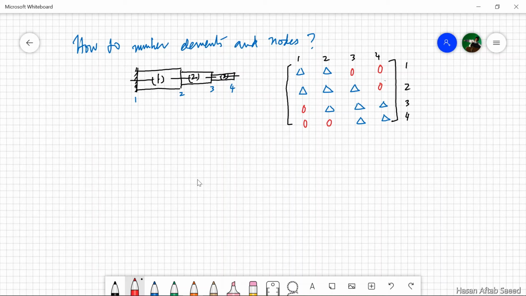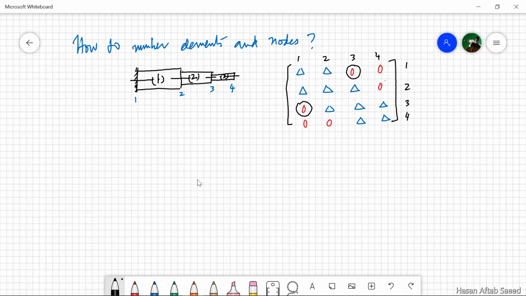Now, where do we find zeros and where do we find non-zero numbers? We discussed this. Zeros are where the nodes are not connected by one element. For example, let's call this location the 1 3 location, and symmetrically this is the 3 1 location. It's the same thing. If there's a 0 here, there's a 0 here. 1 3 location means node number 1 and node number 3 are not connected by an element, and they are not.